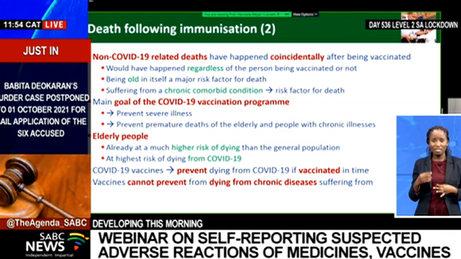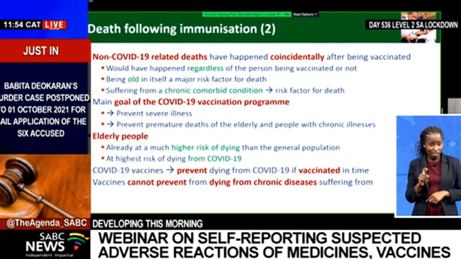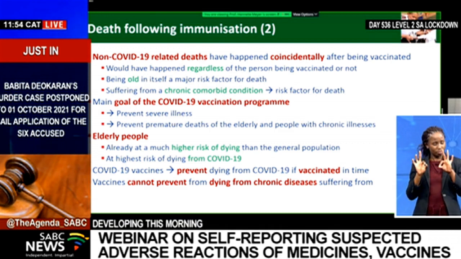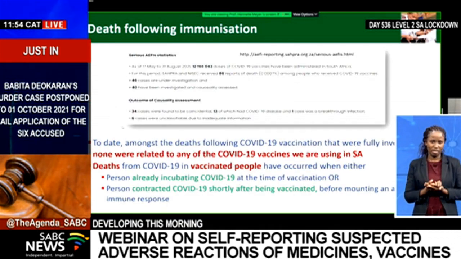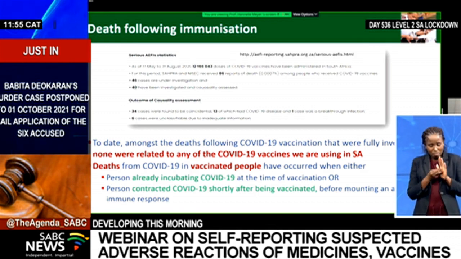And there must be adequate evidence for that. If there's no adequate evidence, and I'm going to go back, you will see there are 6 cases which were unclassifiable due to inadequate information. So if we don't have sufficient scientific evidence, then the case would end up being unclassifiable. We can't say it was not the vaccine causing the event or it was something else causing the event.